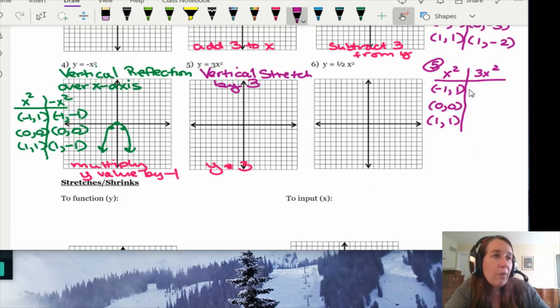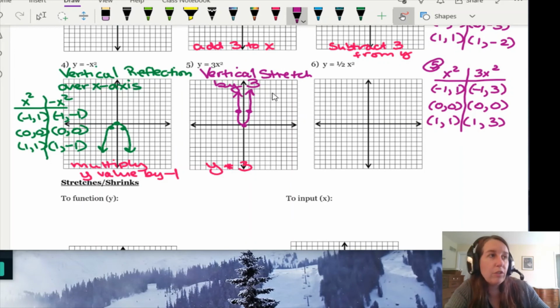Now vertical stretch by 3, so the x values stay the same, the y values multiply by 3. 0 times 3 is still 0. Now we can plot this. We still are at 0, 0, but we go negative 1, 3, and 1, 3. So our graph is still a parabola, but it is tall and skinny now. It really just got taller by a factor of 3.